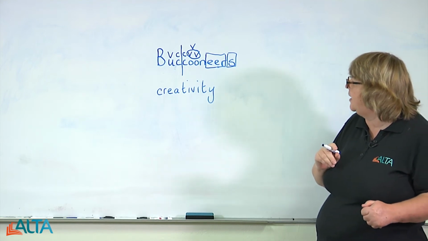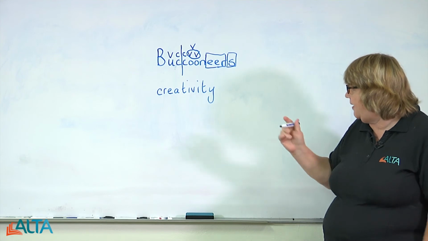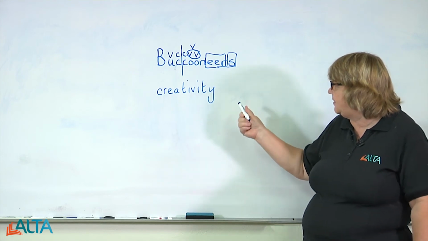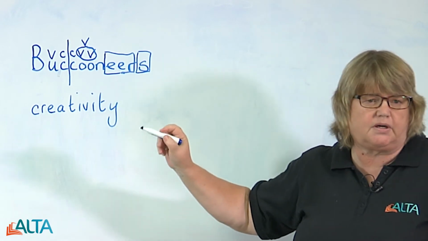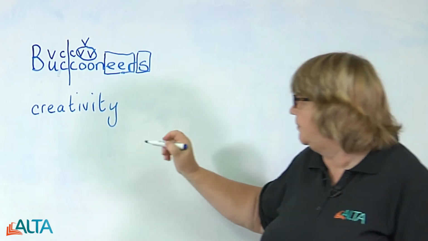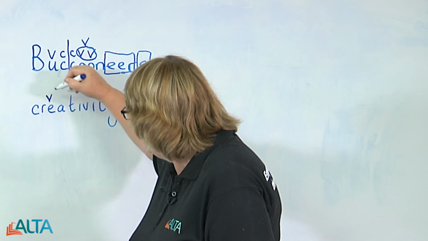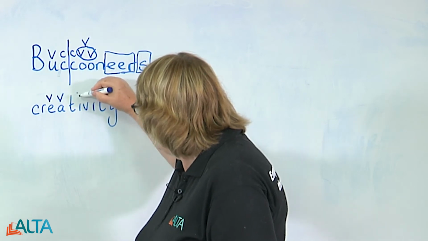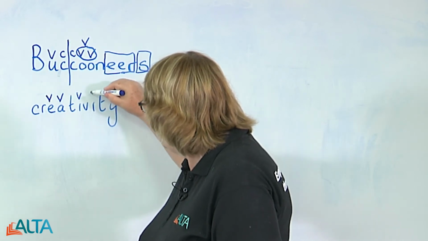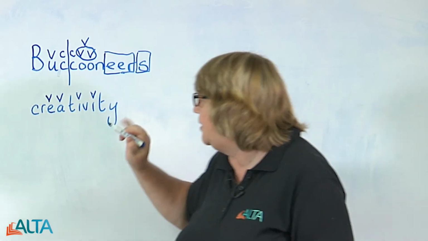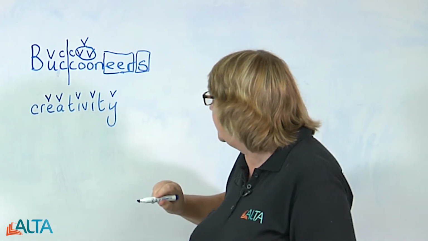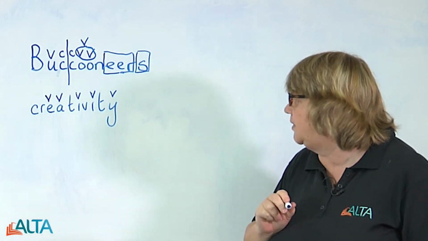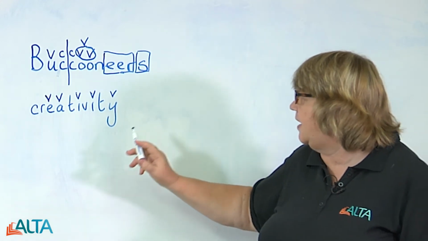So let's look at the next one now. Okay. So let's follow the steps to divide this word. The first step is to put a V over the vowels. What are our vowels? E, A, I, and we need to put one on the Y because Y acts as a vowel, has a vowel sound at the end of the word. So let's just go through the steps.